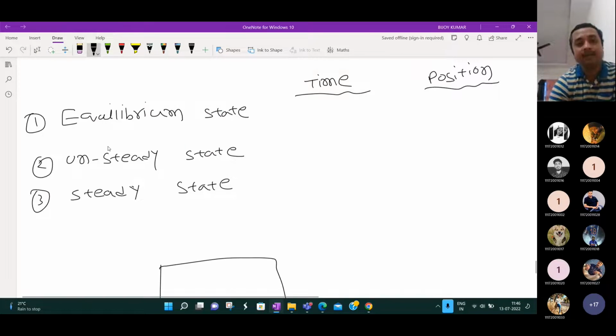The heat transfer will have three stages, or three different conditions: equilibrium state condition, unsteady state condition, and steady state condition. These are defined according to time and position.